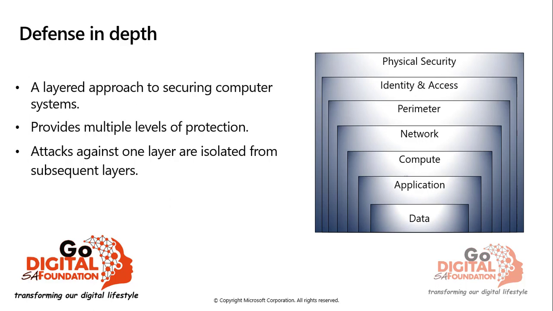So with the perimeter layer, you use distributed denial of service protection to filter large-scale attacks before they can cause a denial of service. Right, and then the network layer limits communication between resources through segmentation and access controls. And then we have the compute layer that secures access to virtual machines.